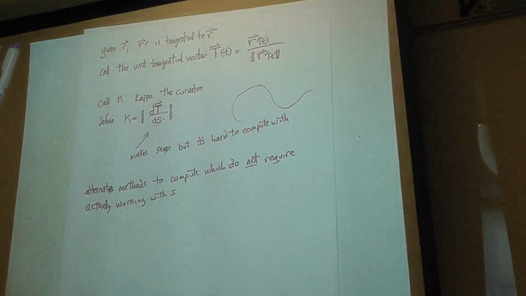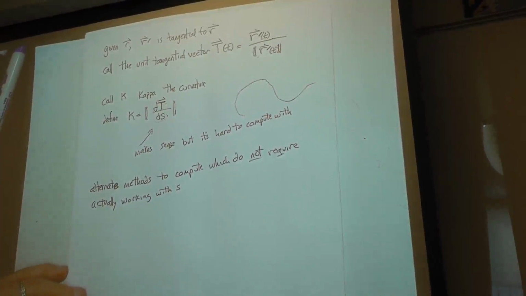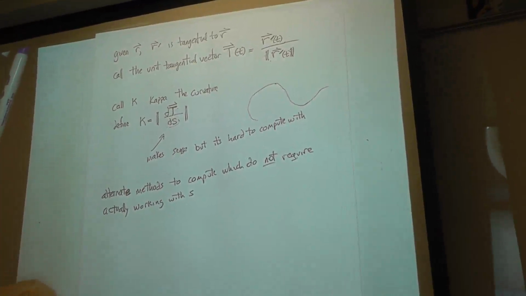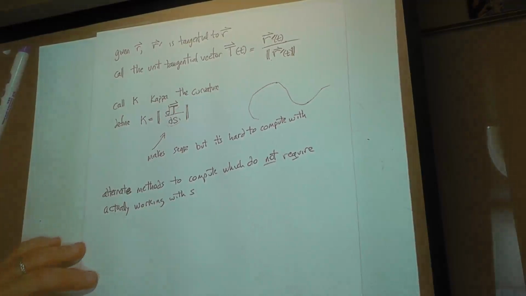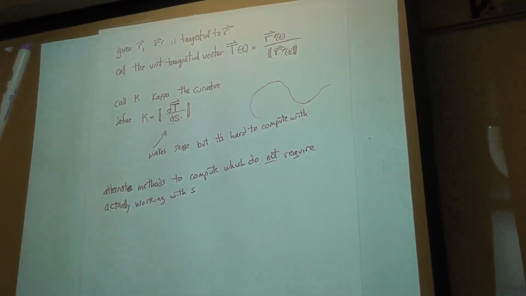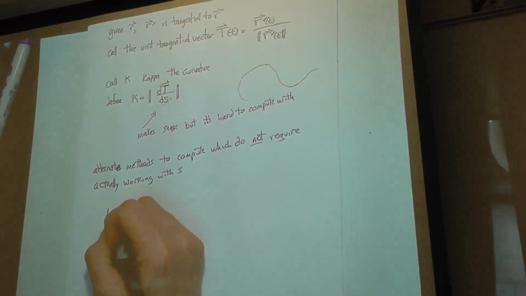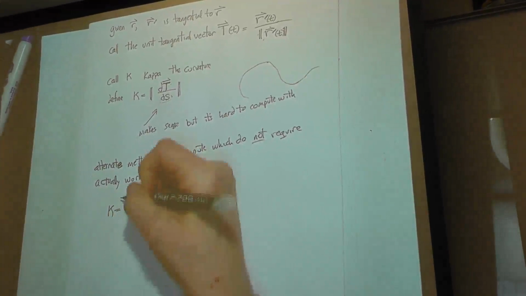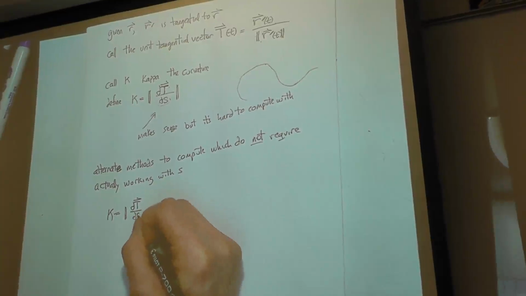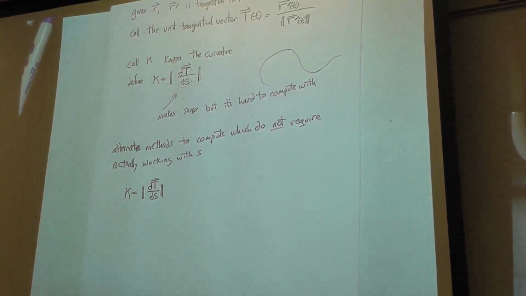The alternate methods provide ways of computing curvature that are entirely independent of that arc length parameterization. Okay? So at this point, let me write down the formulas that they give you here. This is not the formula you want to work with, but it's the formula which will give the insight into the geometry.